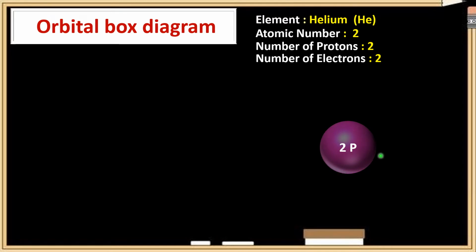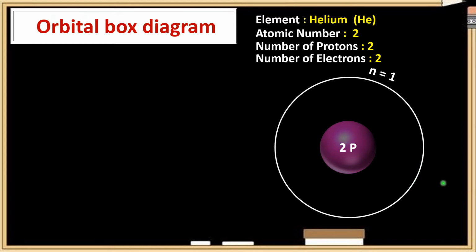And around this nucleus, 2 electrons revolve in the first orbit like this. So these are the 2 electrons revolving around the nucleus of the helium atom. You can observe that these electrons have self-rotation.